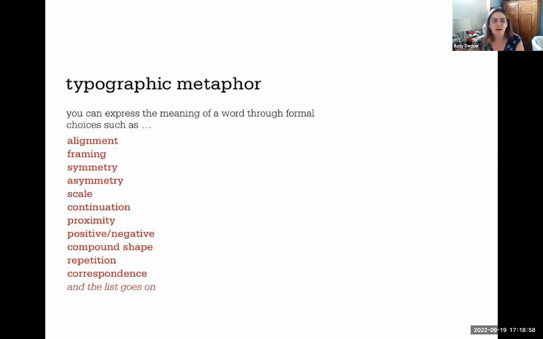You can express the meaning of a word through formal choices such as alignment, framing, symmetry, asymmetry, scale, continuation, proximity, positive, negative, compound shape, repetition, correspondence, and the list can go on.